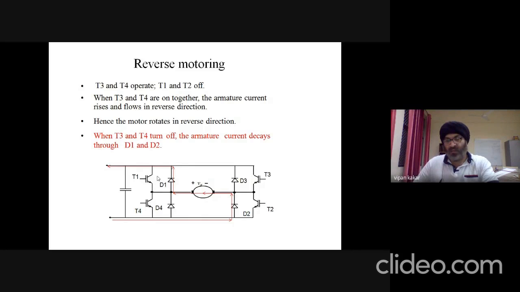Whatever current was ramping up in the previous cycle, now the current starts to ramp down, or starts to decay, through freewheeling diodes D2 and D1 in reverse direction again. So the motor will continue to run in reverse direction with falling current, or with ramping down of the current.